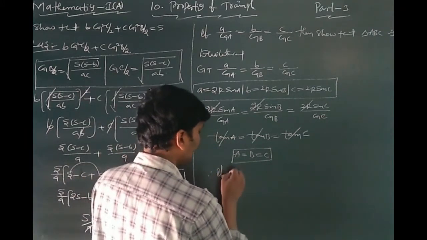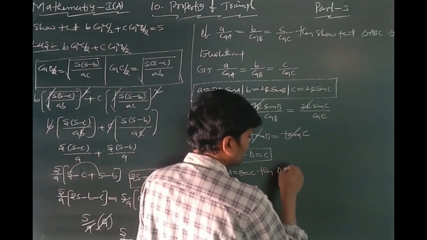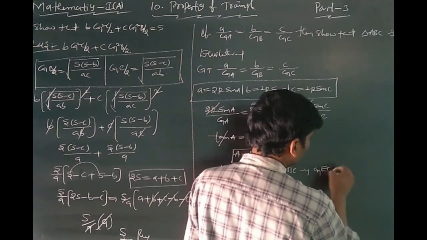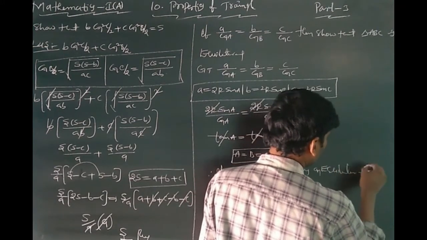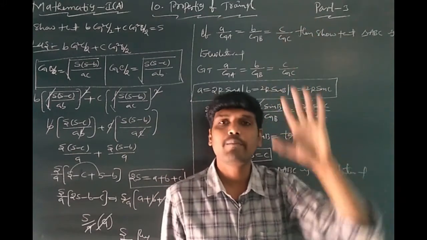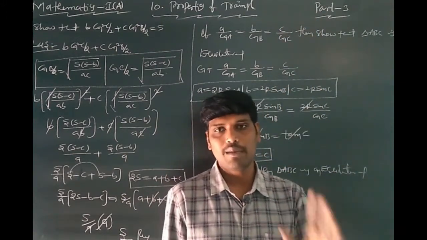Therefore, if A equal to B equal to C, then triangle ABC is an equilateral triangle. Which triangle? Equilateral triangle. This is also a very important 4 marks problem, a repetition problem in IB examination.